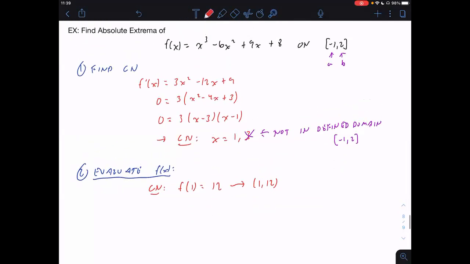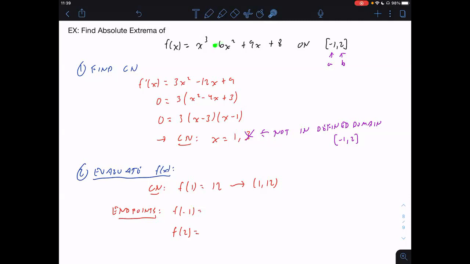Okay, but now we also got to evaluate our function at our endpoints, the lower and upper bound of our closed interval. So now we're going to plug in -1 to our function and 2 into our function.